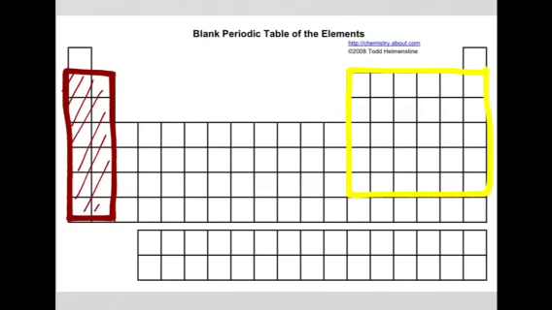What we're doing is we're leaving out these squares that represent elements that actually are predicted by the table but haven't been discovered yet, so we're not going to worry about them. And I'm just going to kind of X them out here, so that we're reminded that they don't contribute anything to the current study of chemistry.